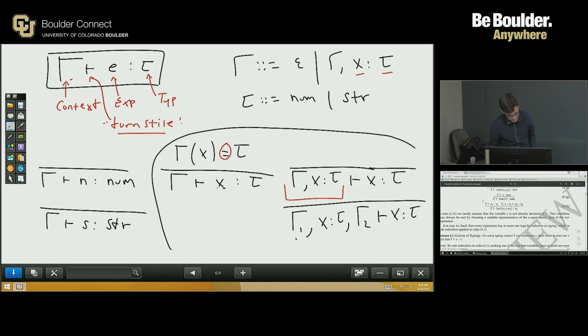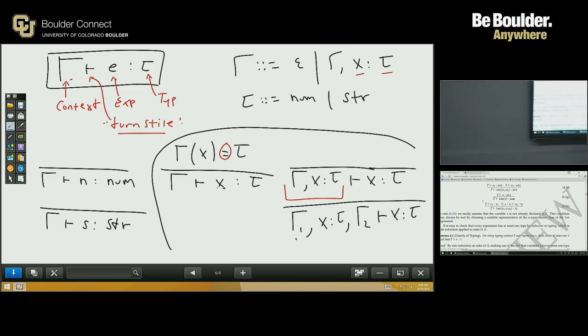So what about this last rule? This last rule is maybe the most interesting one.